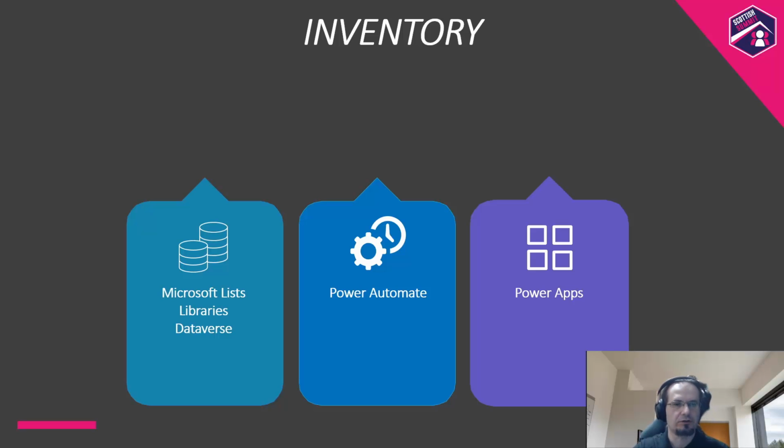And the third pillar is Power Apps, as the front end for end users, to create applications that will rely on business processes and show some data for users, allowing them to interact with that data. So it's an end-user layer for business processes and applications.